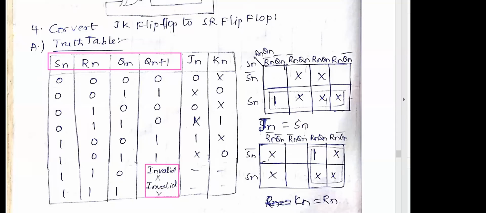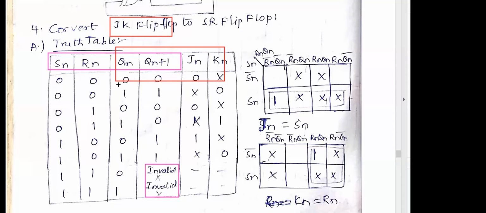After that, we are going to write the flip-flop excitation table. This excitation table we are converting to JK, so it is the JK flip-flop excitation table. Taking Qn and Q of n plus 1 as the present and next states, we have to write the excitation table for the JK flip-flop.